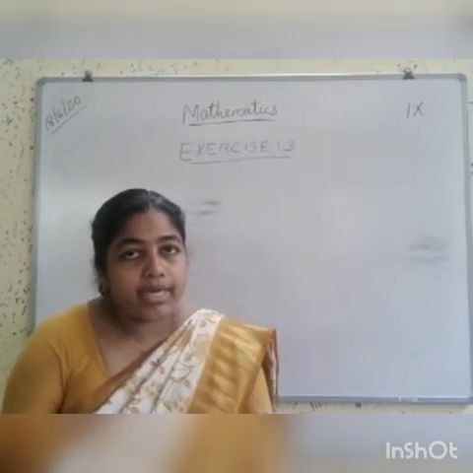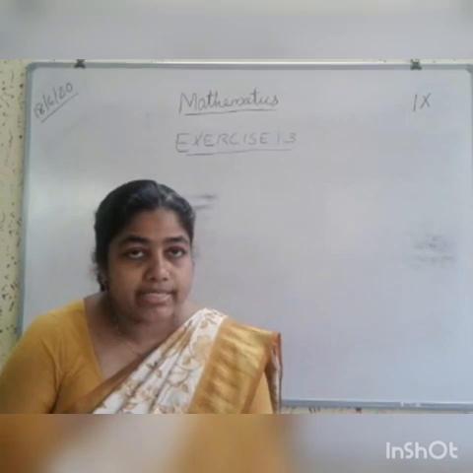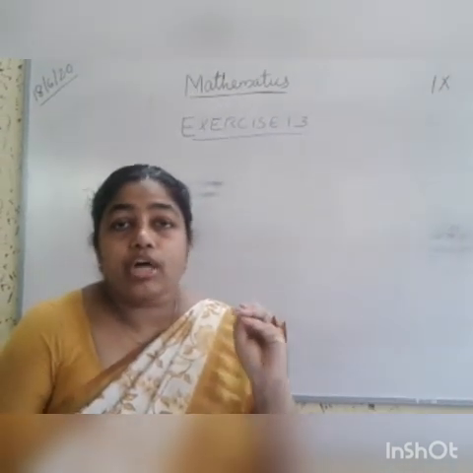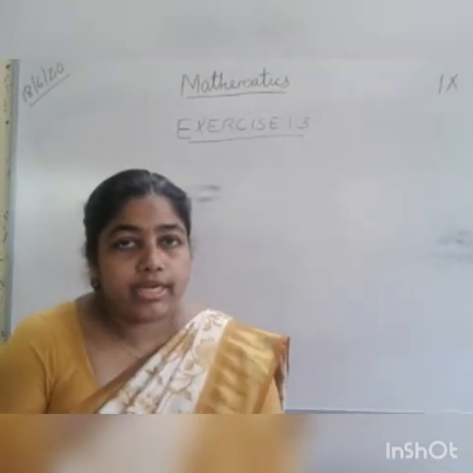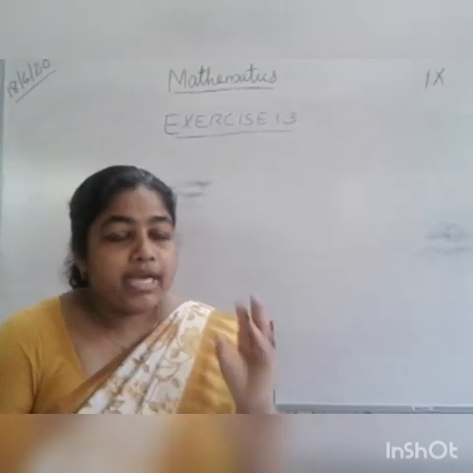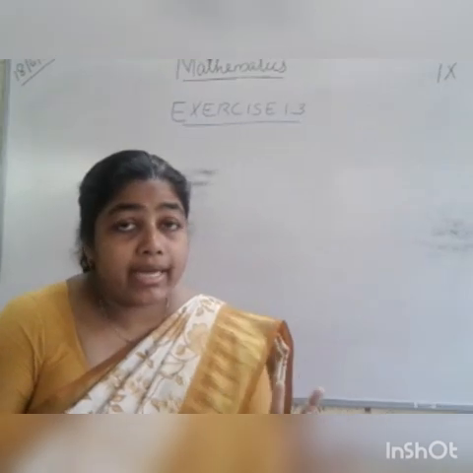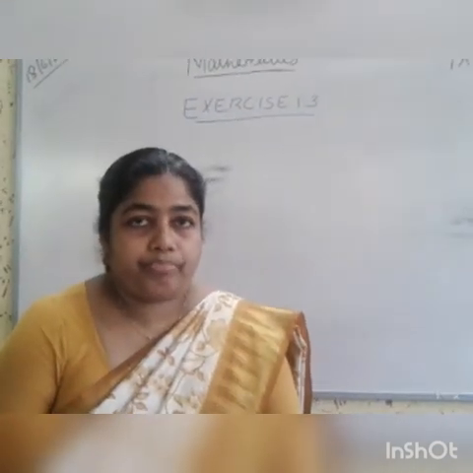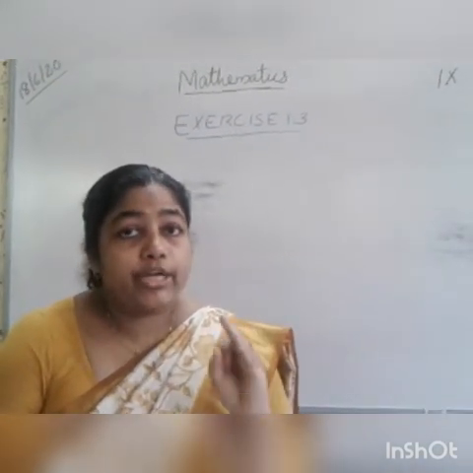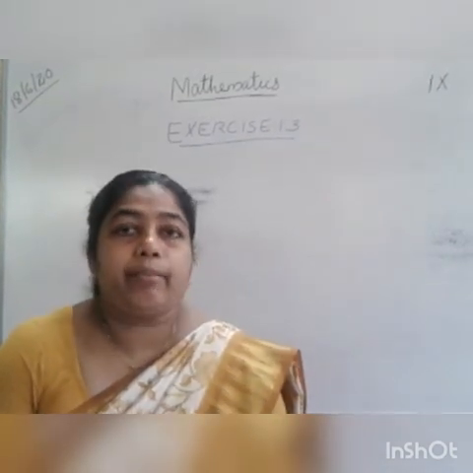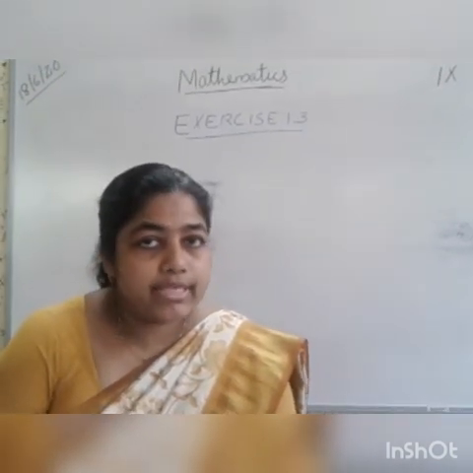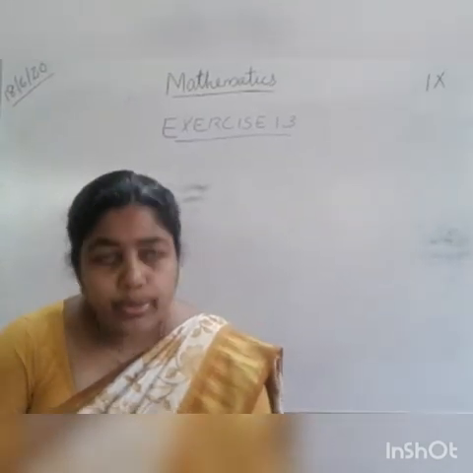Non-terminating, non-recurring means the division is not ending and the digits are not repeating. Terminating and non-terminating recurring are rational numbers. Non-terminating, non-recurring is an irrational number. That much is clear. Now let us do the exercise.